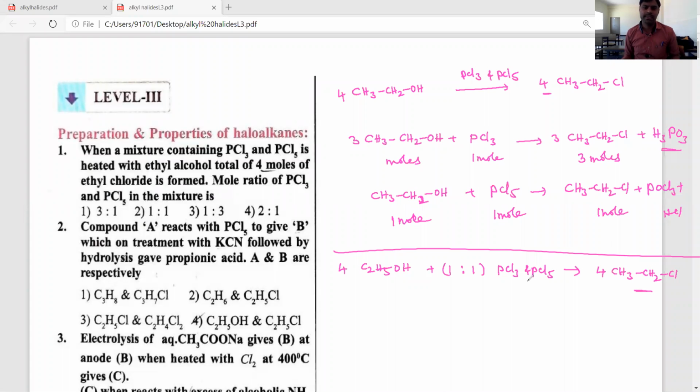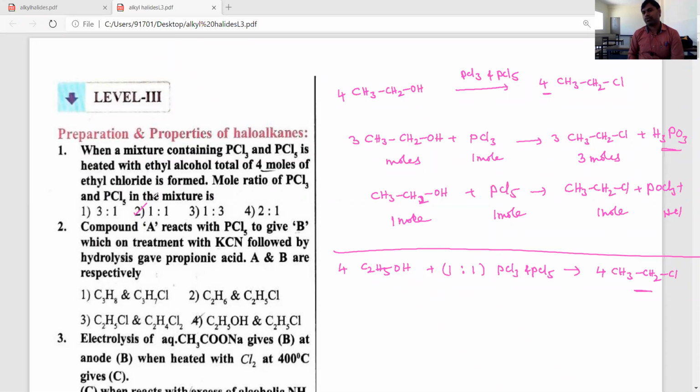So what is the ratio of PCl3 and PCl5 in this reaction, dear students? That is a 1:1 ratio only. Because 1 mole of PCl3 can react with 3 moles of alcohol, but 1 mole of PCl5 reacts with 1 mole only. So the total product is 4 moles.